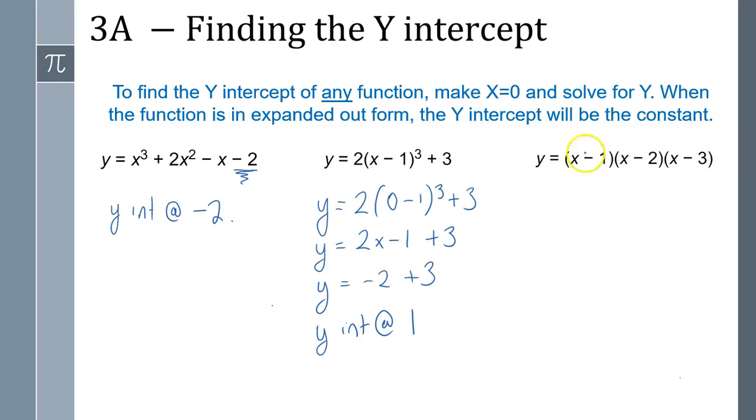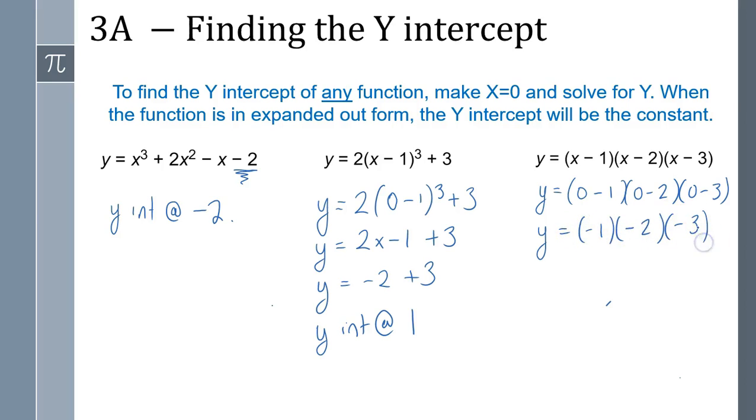So just be careful with that. And this last one here, you've got the same options. You can expand it out into expanded form and then look at the constant if you want to, or the quicker way is to sub 0 in wherever you see x. So that's what I'm going to do. 0 minus 1, 0 minus 2, 0 minus 3, which gives us -1, -2, -3. -1 times -2 is positive 2, 2 times -3 is -6.